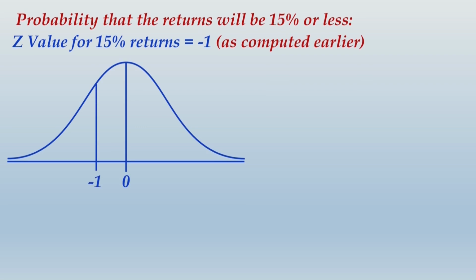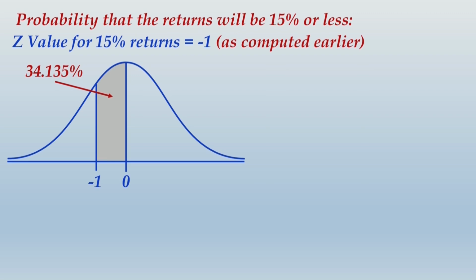In the previous part of the question, we have identified the probability of the returns between 15% to 20%. So for 20% the Z value is 0, and for 15% the Z value is -1. So the probability that the returns will be between 15% to 20% is this particular area, which indicates a probability of 34.135%. This is what we have seen already.